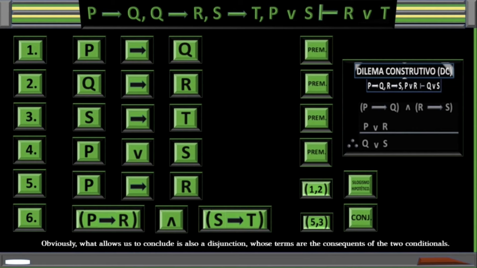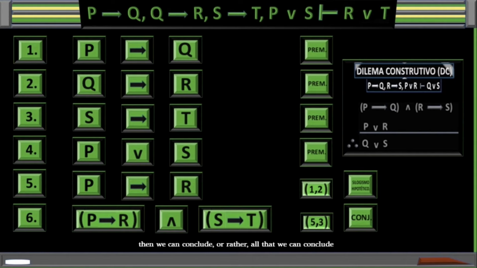Obviously, what allows us to conclude is also a disjunction, whose terms are the consequences of the two conditionals. If, in the second premise of the rule, we confirm the antecedents of the two conditionals, then we can conclude, or rather, all that we can conclude are the consequences of the two conditionals aggregated by means of a disjunction.